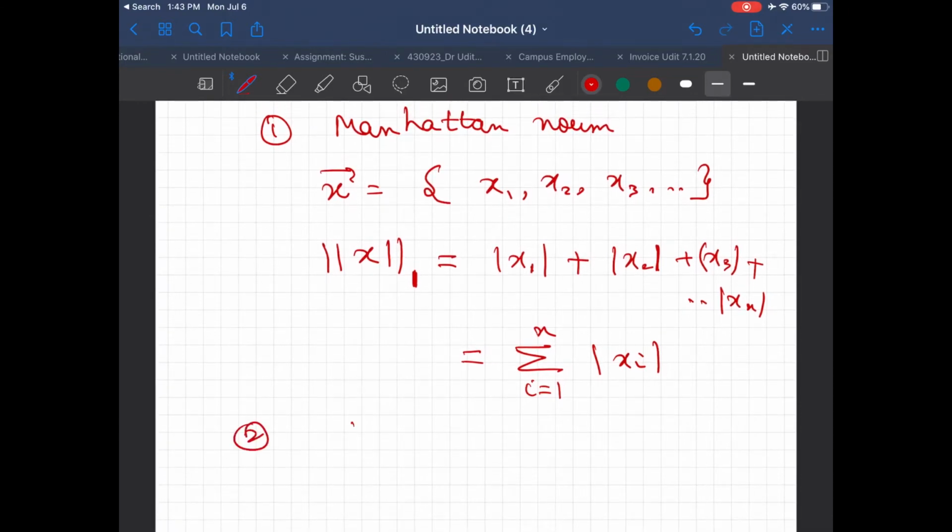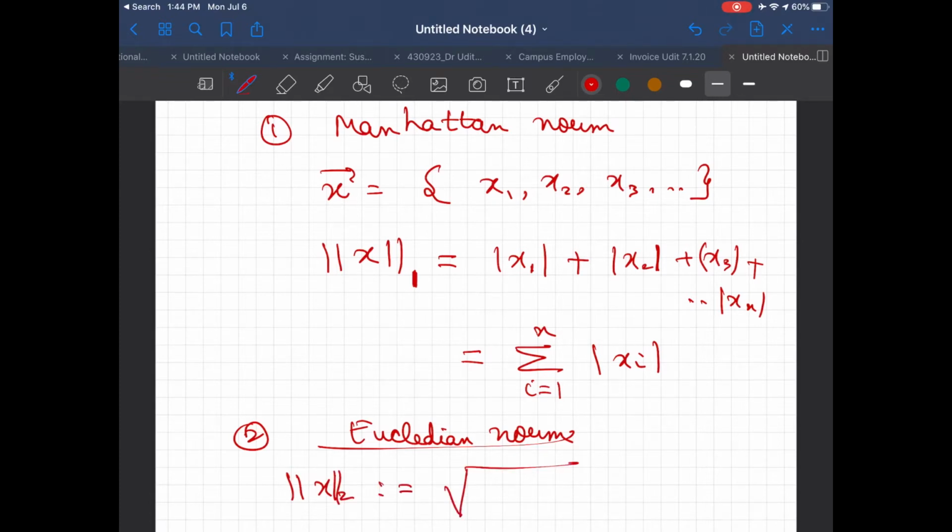The second norm that we have already talked about is the Euclidean norm, and it is defined as the norm of order 2, which we also write as: take each element and its square and then sum it, i equal to 1 to n, and then take the power as we are raising it.